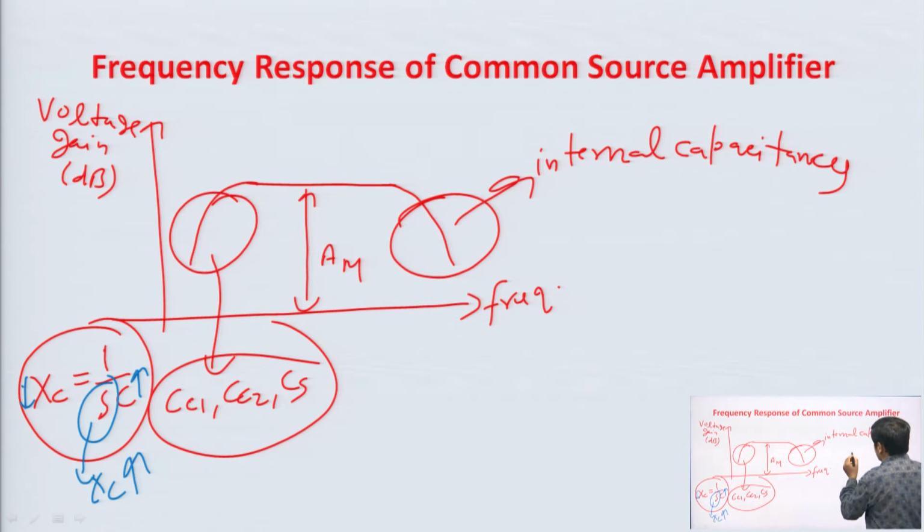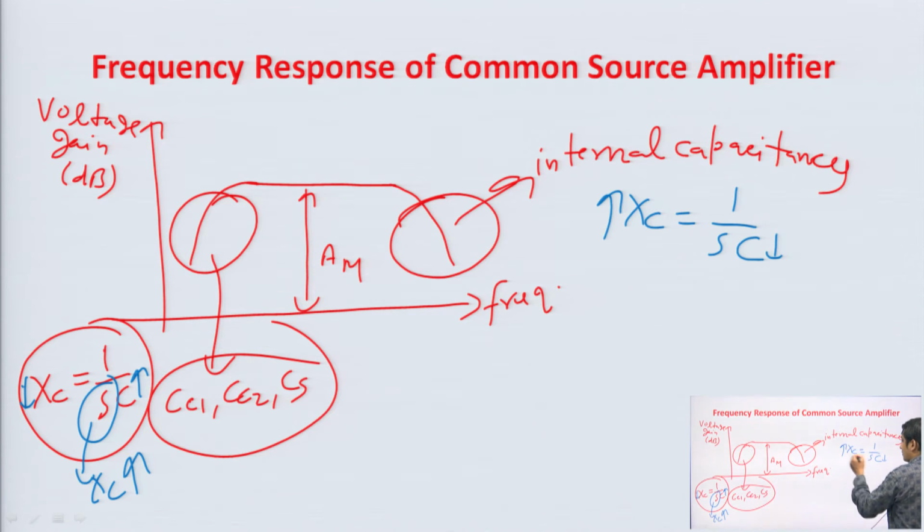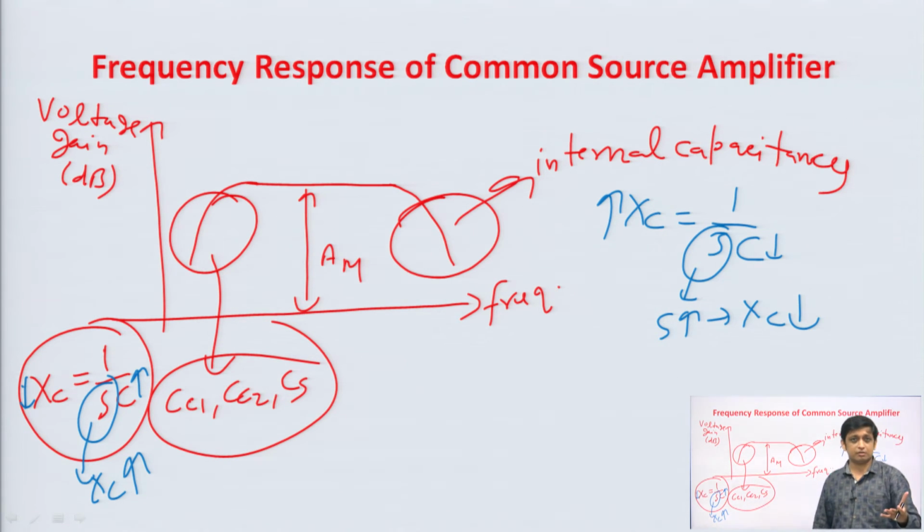And what about these internal capacitances? Just see, X is equal to 1 by SC. Now, the values of these internal capacitances are very small, so the capacitive impedance will be very high. So, normally we consider that these internal, parasitic capacitances are acting as an open circuit. So, there is no effect of the internal capacitances, but what happens at high frequency? At high frequency, when S is high, Xc will be reduced. What does it mean?